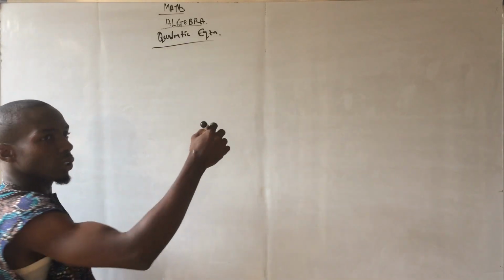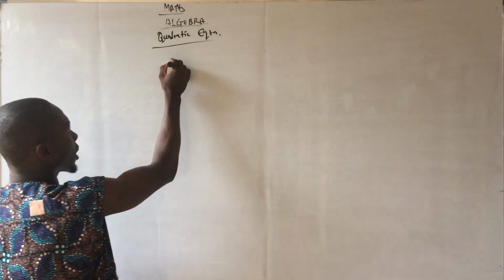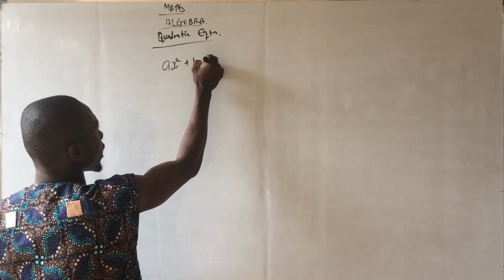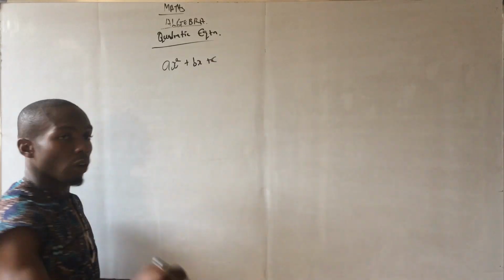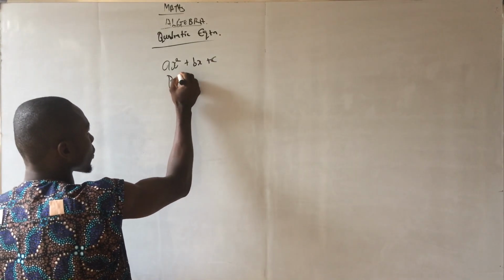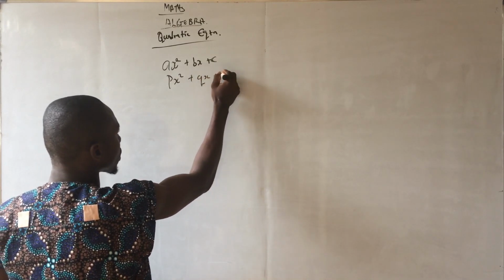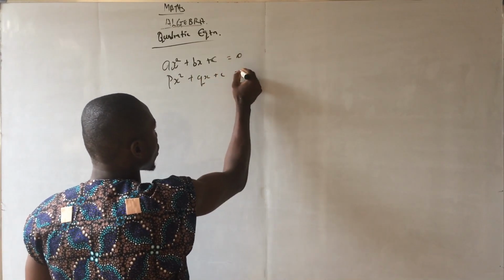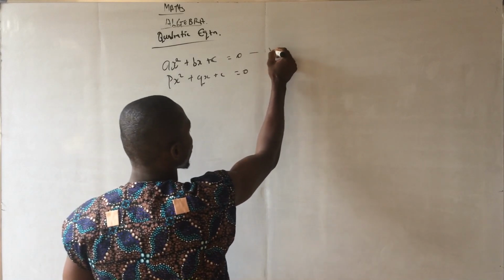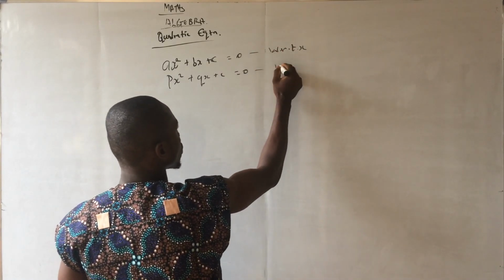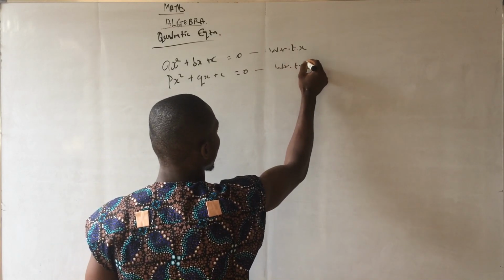A quadratic equation is an equation that looks like this: ax raised to the power 2 plus bx plus c. It can also be px raised to the power 2 plus qx plus c equal to 0. This one is with respect to x. This also is with respect to x.